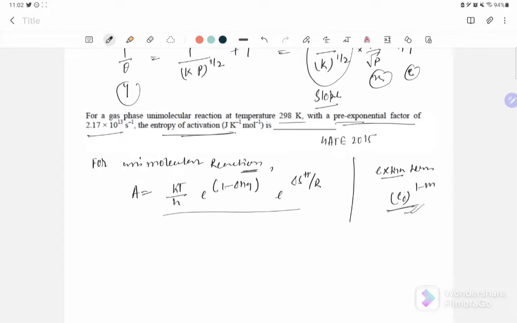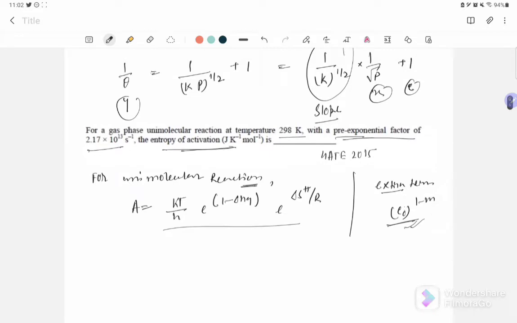It is only for the unit. For a bimolecular reaction, the unit is different for the pre-exponential factor.